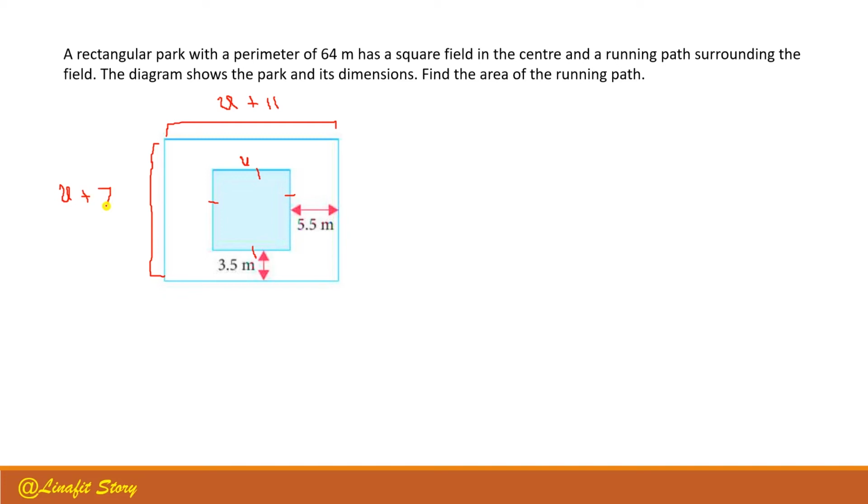To get the perimeter of a rectangle park is 2 times length plus breadth. So 2 times the length, x plus 11, plus the breadth, x plus 7.